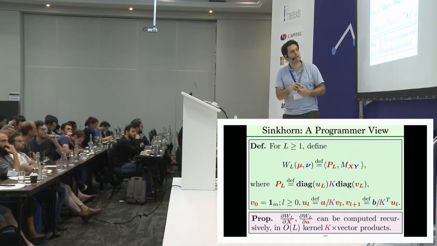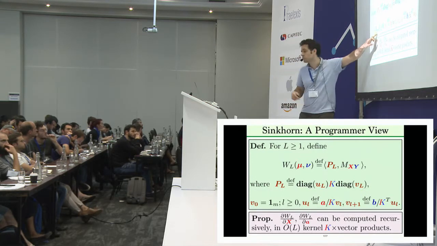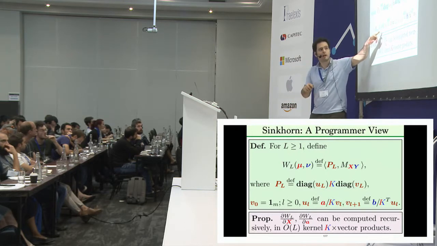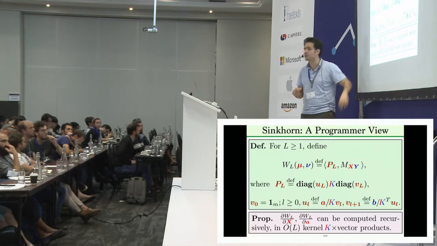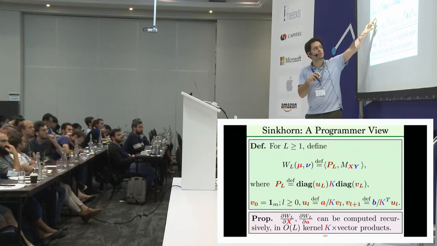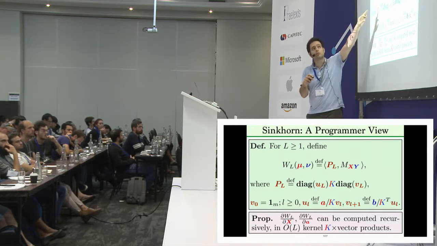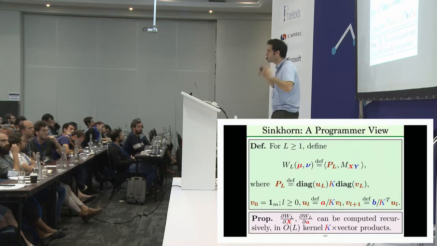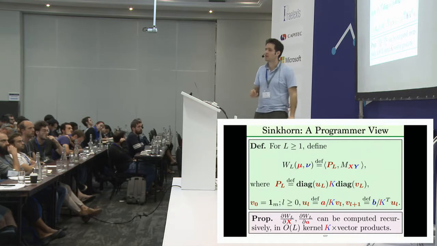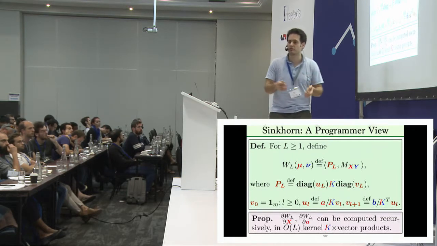You start with something random or ones. You apply this, let's say 50 times. You just write it hard code 50 times. And then after 50 iterations, you look at what you get, and you compute the cost of what you get. And then let's call this the algorithmic Wasserstein distance. It's not the real one, but it kind of approximates it pretty well.